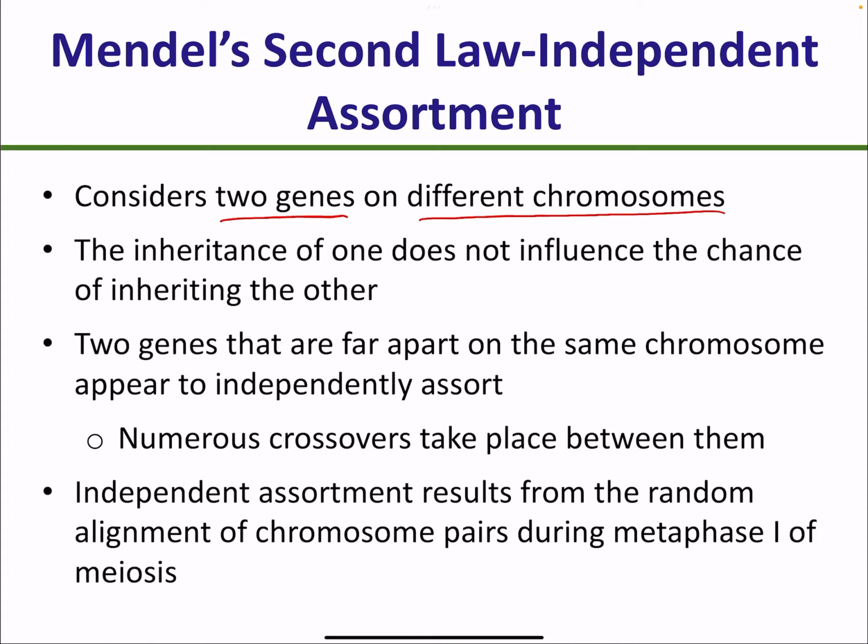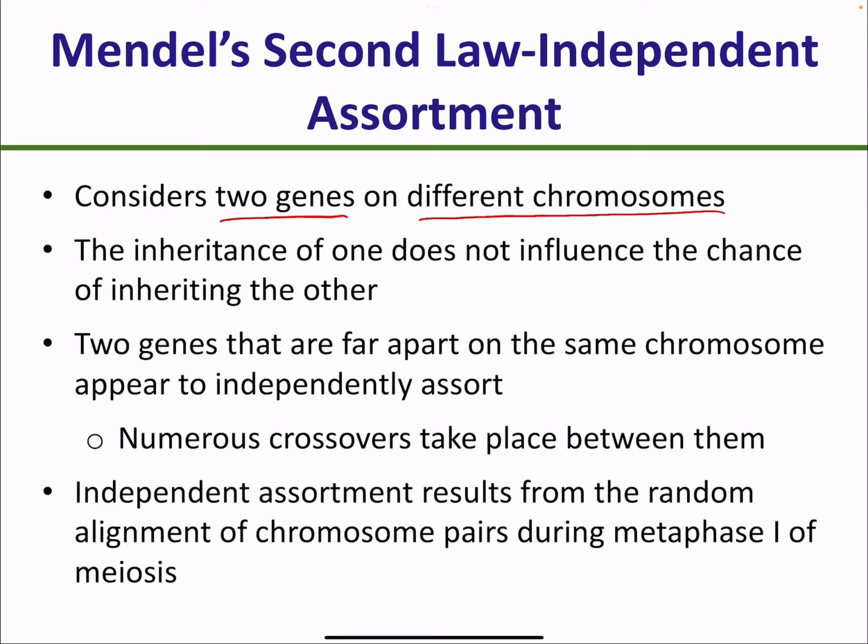That's one. Two, when two genes are far apart on the same chromosome, the chance that you're going to inherit these two genes independently of each other is very high. Okay? So the law of independent assortment also applies here when two genes are on the same chromosome but very far apart from each other, right?